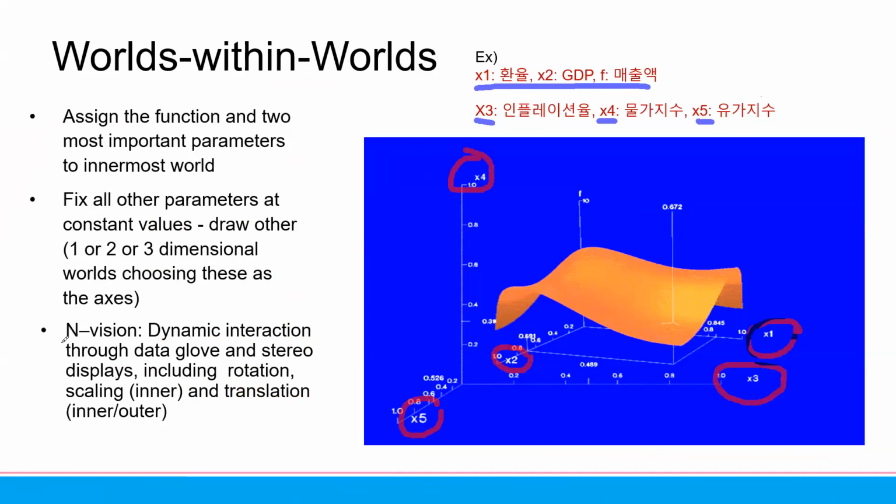We call this n-vision. So the dynamic interaction is through the data glove and 3D display. You can rotate, or you can make another scaling, or you can make a translation. Because this is worlds within worlds.